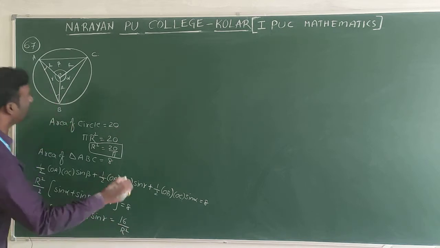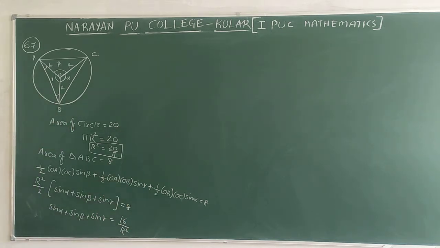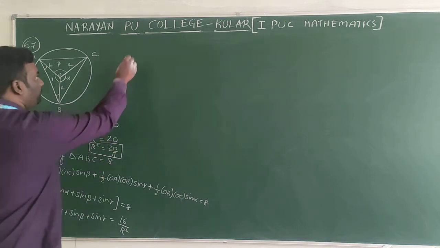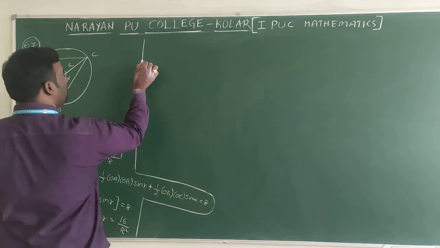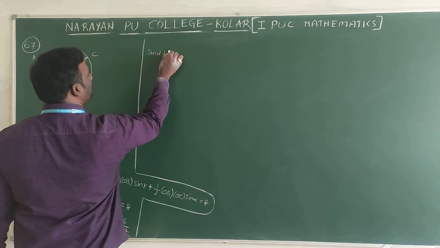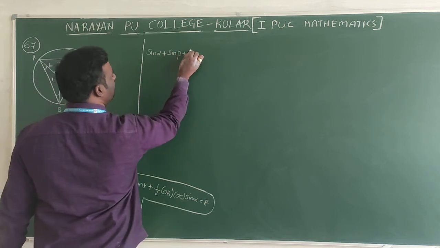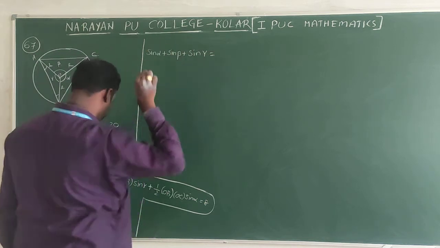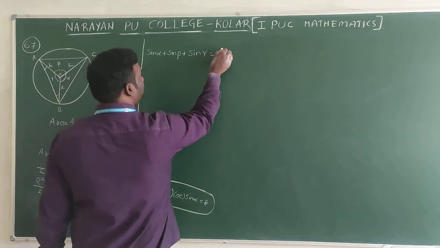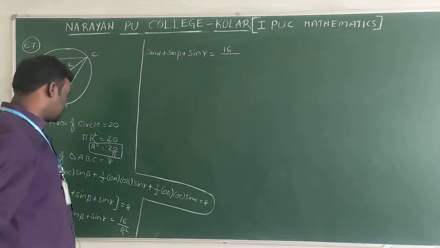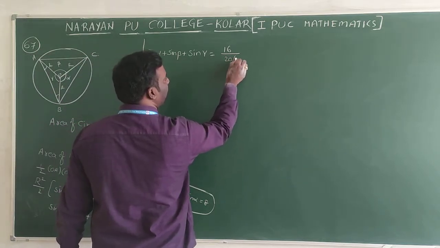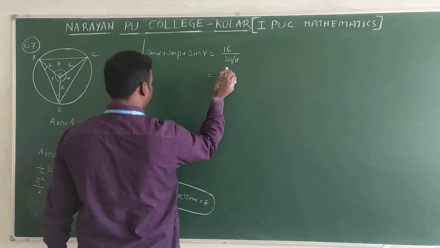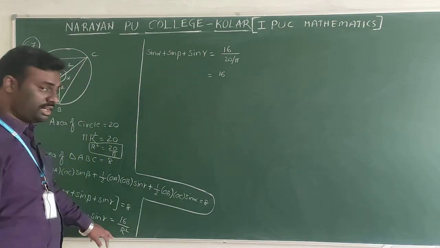16 by R square. But to check the option, the options are given in terms of pi. Okay, substitute R square here. Now sin alpha plus sin beta plus sin gamma is equal to 16 by R square, which is nothing but 20 by pi.